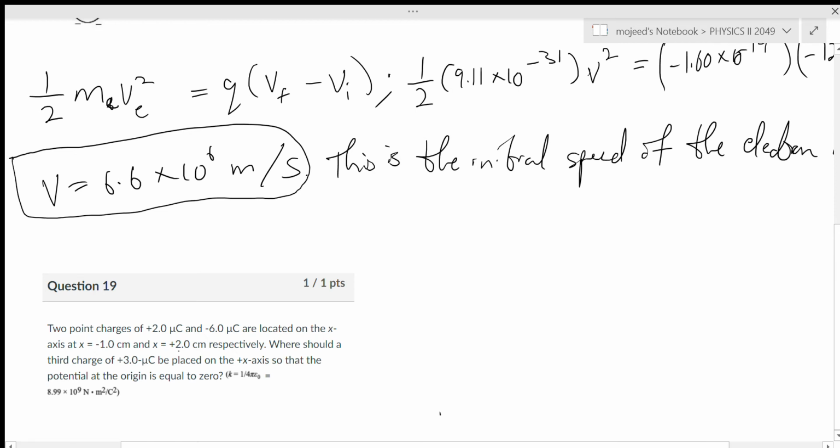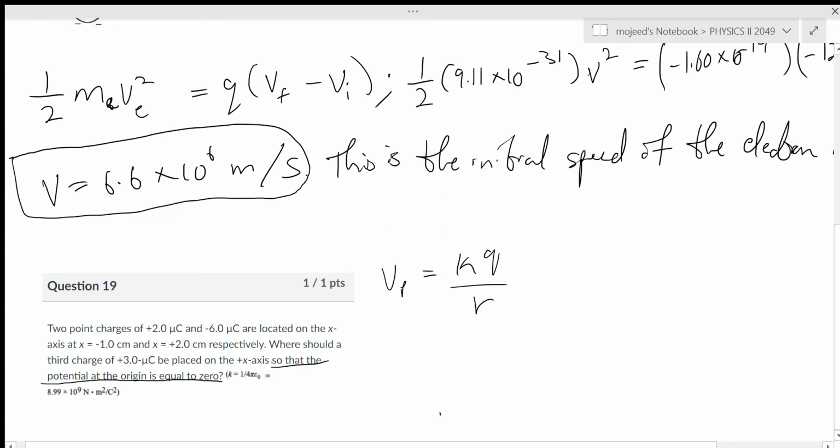So we use this equation, V equals kq over r.